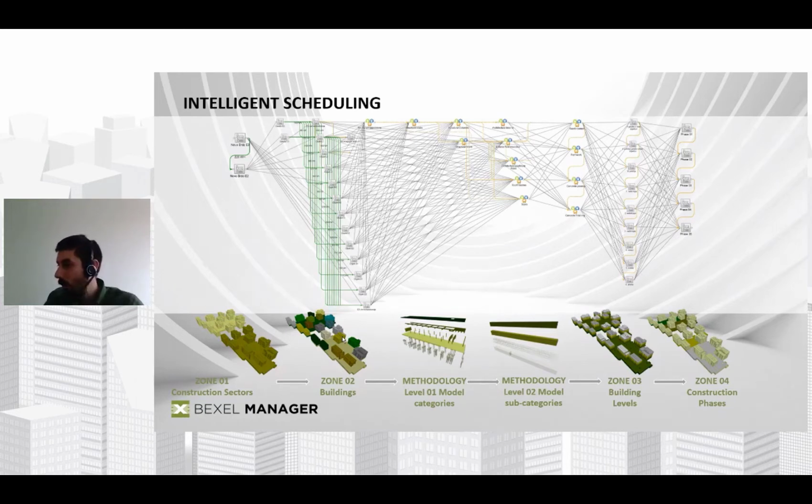We have two big sectors, but we have the same cost classification, the same technology of execution, and the same logic and work sequence. So what we're going to do is just transfer the work sequence from the previous project, the methodology, which is the most complex part of the scheduling, and just create a new spatial distribution. And instead of building 1 and building 2, define the relationships between 20 buildings.